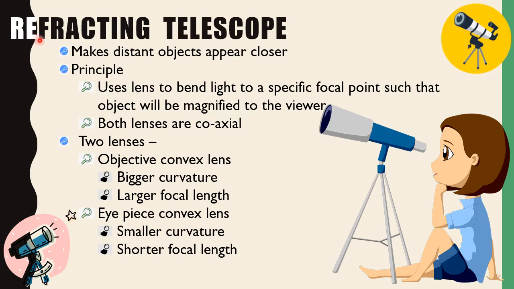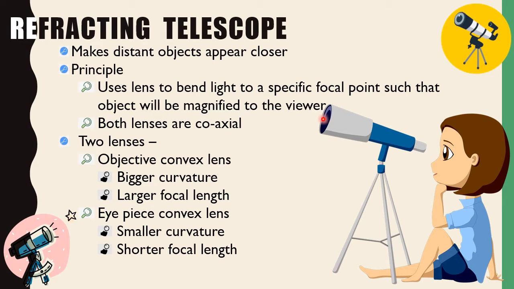A refracting telescope makes the distant objects appear to be closer to us. It uses lenses to bend the light to a specific focal point such that the object will be magnified to the viewer.